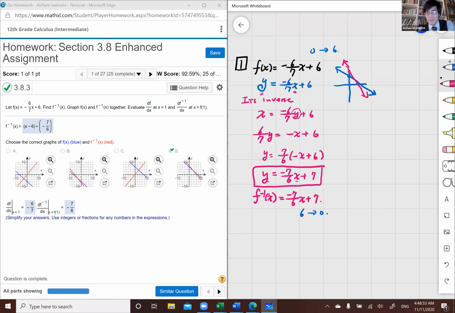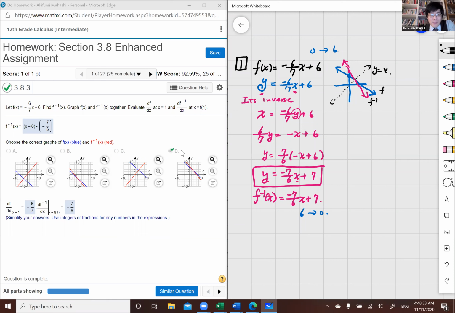Remember, the graph of the function f and the graph of f inverse are always symmetric with respect to the line y equals x. The only symmetric ones are b and d, but d looks like the best choice.